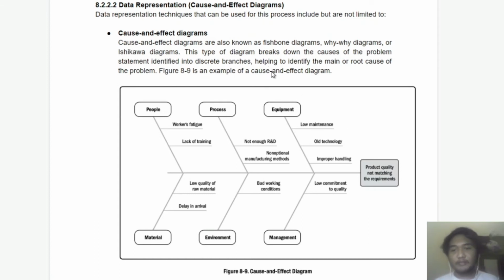So to make a fishbone diagram, first we have to agree on what problem we are going to resolve, what problem we are going to find the reason for. Then we have to find generic headings.